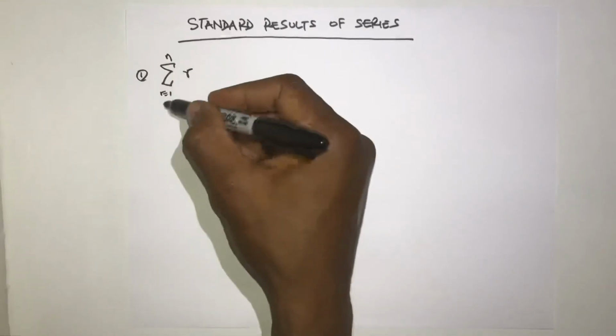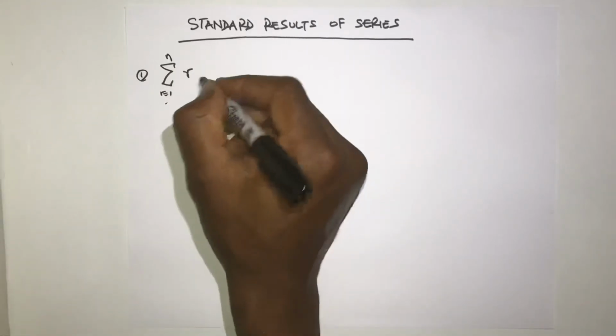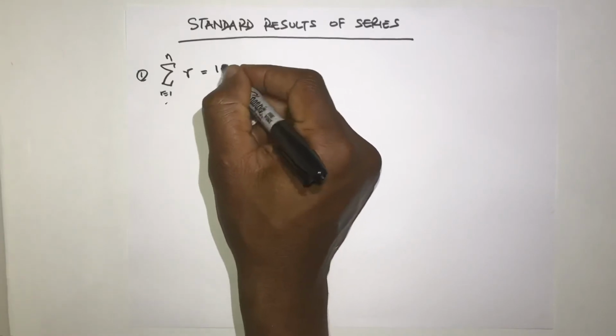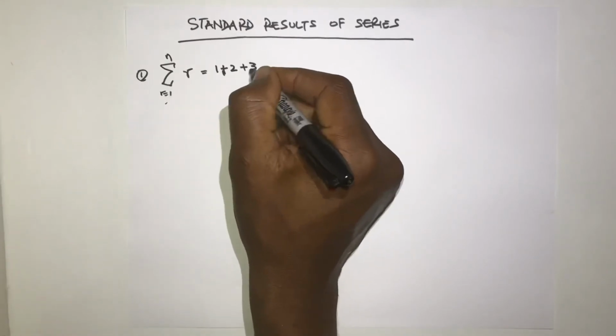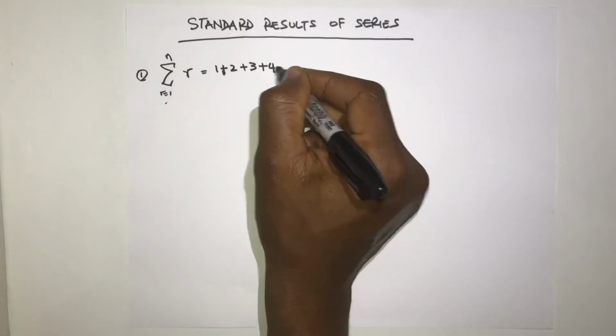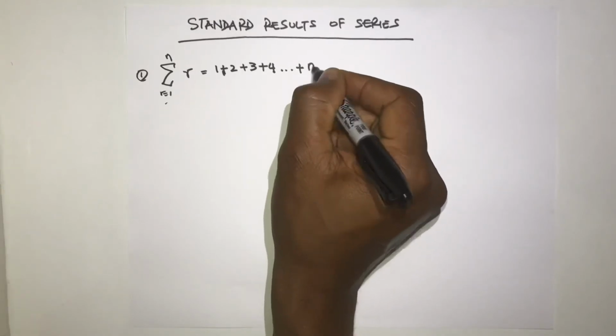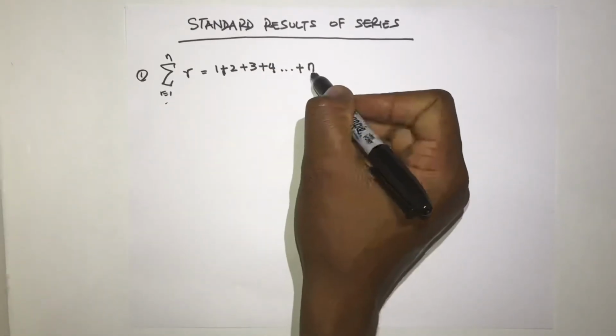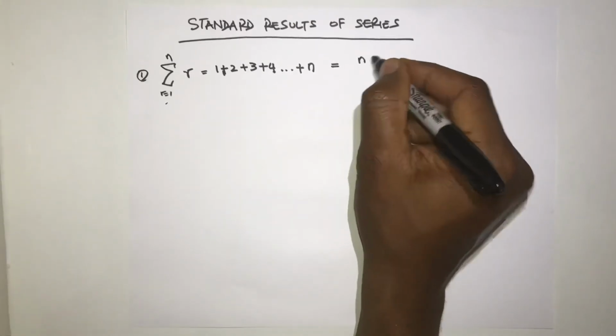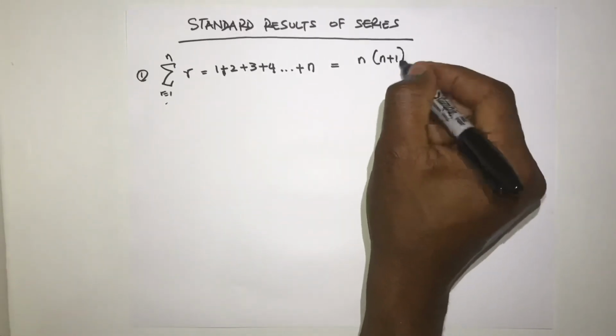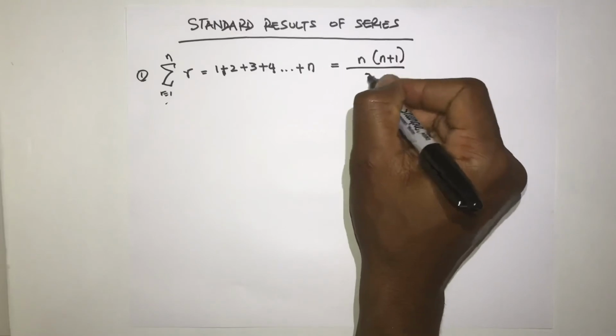So the sum of r equals 1 to n of r is equal to 1 plus 2 plus 3 plus 4 going straight to n, because you're going from r equals 1 to n. This is equal to n times n plus 1 all over 2.